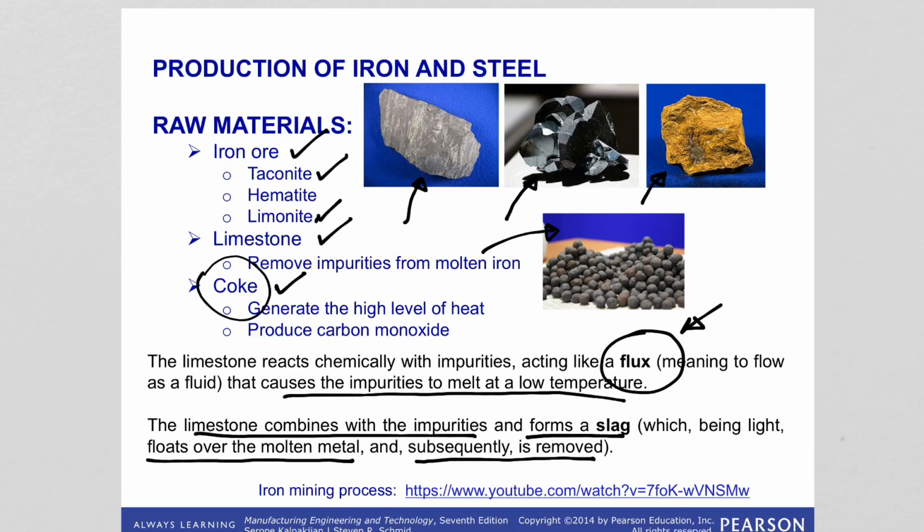And it also produces carbon monoxide. Carbon monoxide is a reducing gas, which means it will remove oxygen. For example, it will remove the oxygen from iron oxide, reducing it into iron. That is what we want, right? So it is used as a fuel, and it reduces the iron oxide to iron.